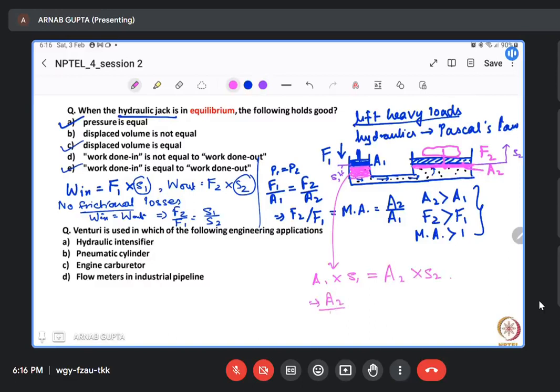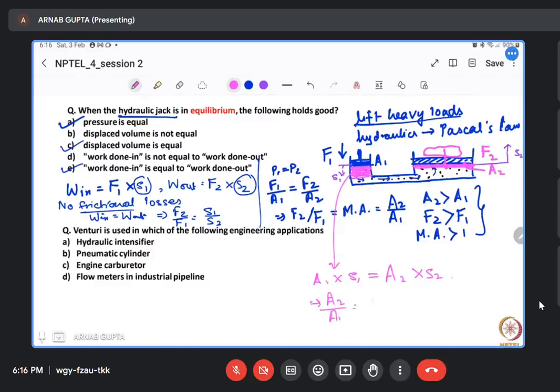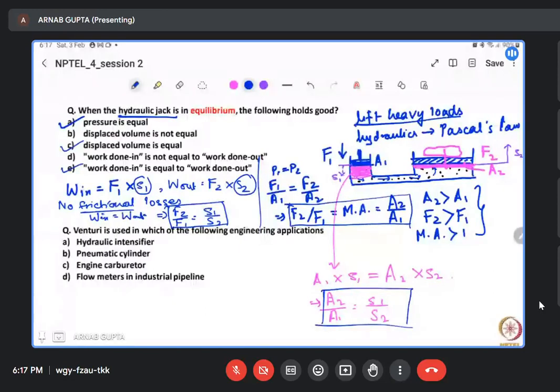So from here, again, area 2 by area 1 is S1 by S2. So all these expressions you need to remember in order to solve simple numericals that can be framed from this particular problem. Okay. So this was just the basic.